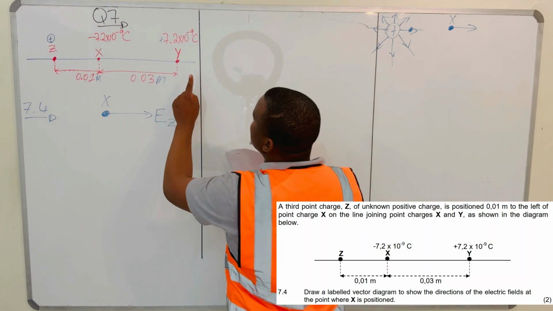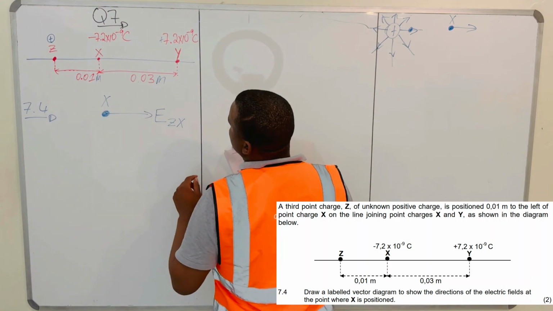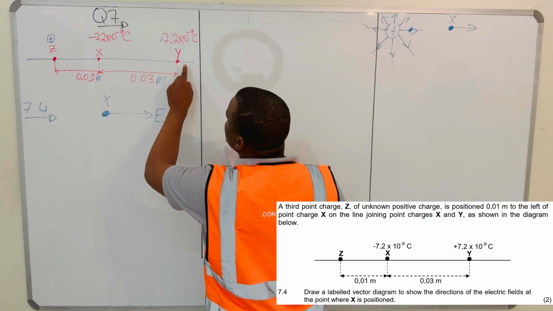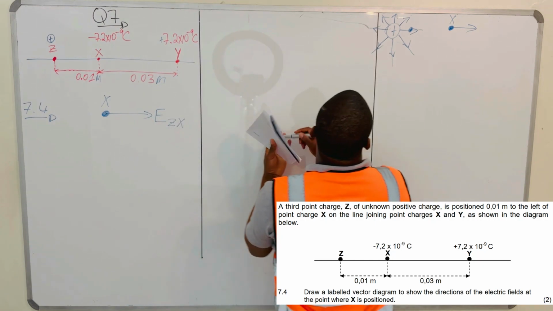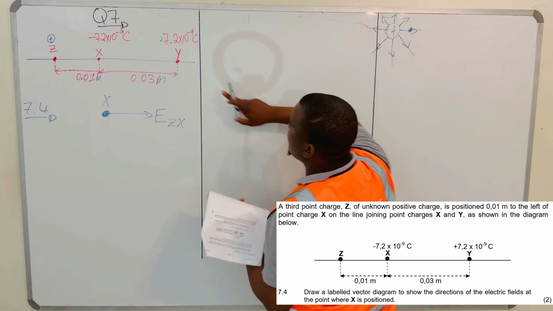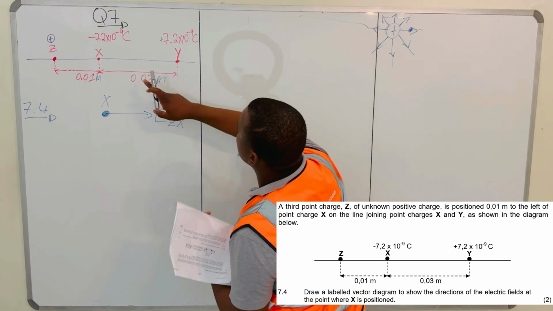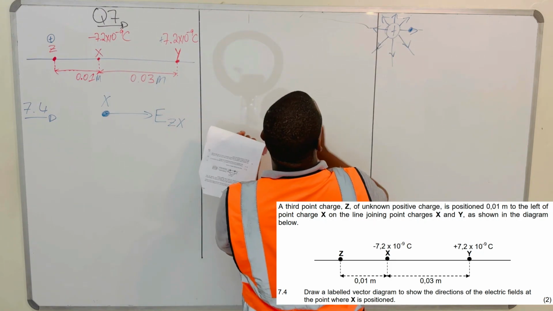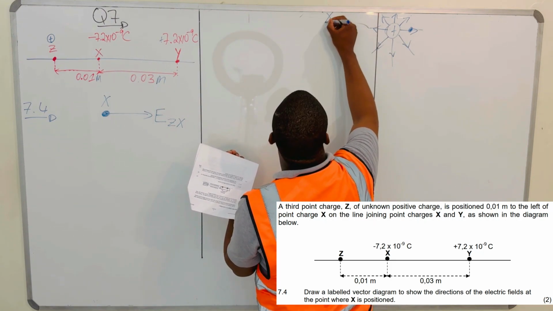The difference is that X is now on the left of Y. So this is Y at this point, and X is on the left of Y, chilling somewhere here.